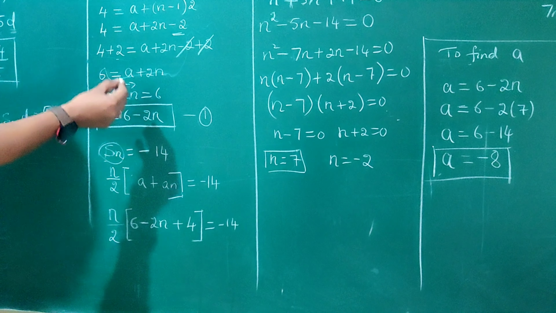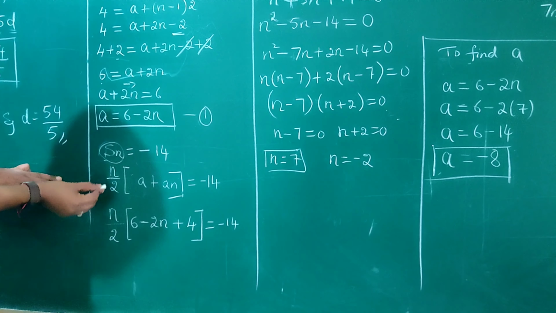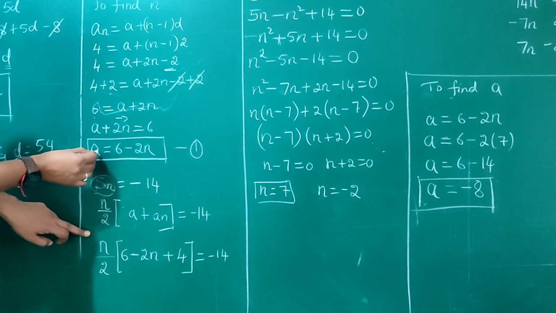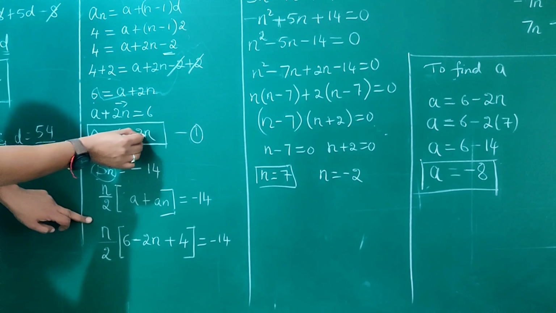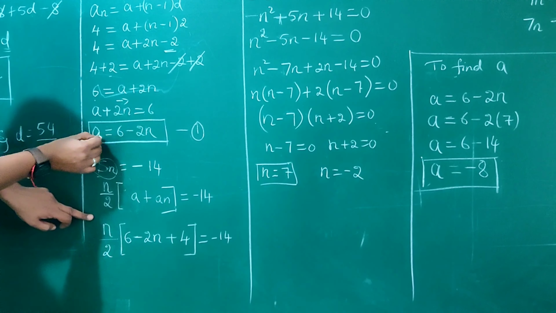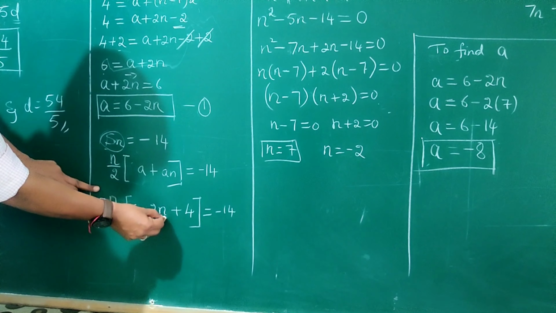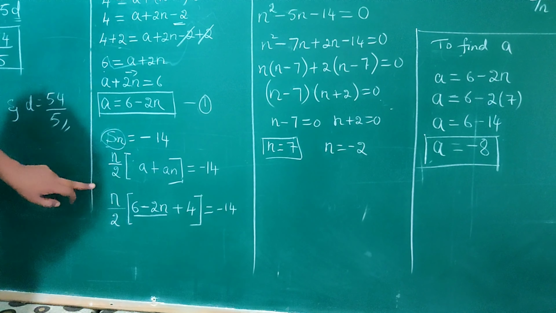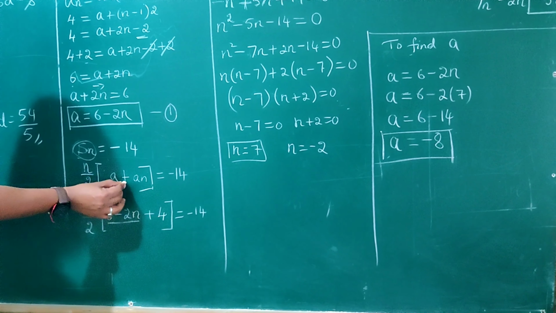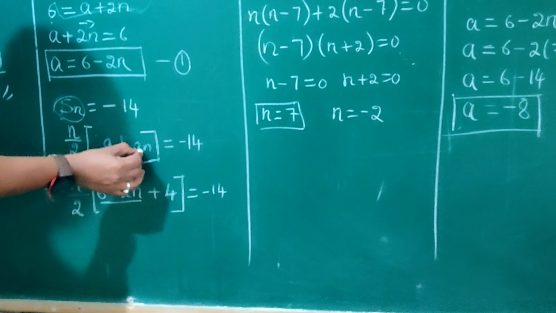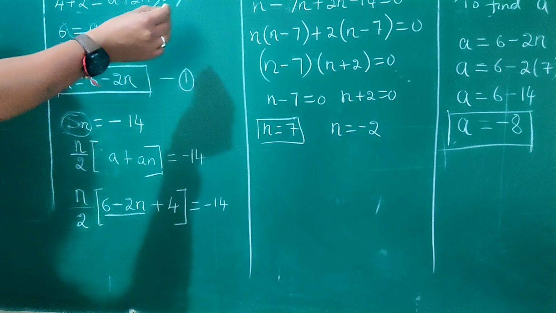Okay. Now n we don't know, n by 2 keep as it is. A is nothing but, here we have found a is equal to 6 minus 2n. So in place of a, substitute 6 minus 2n, plus, what is an? An is 4.